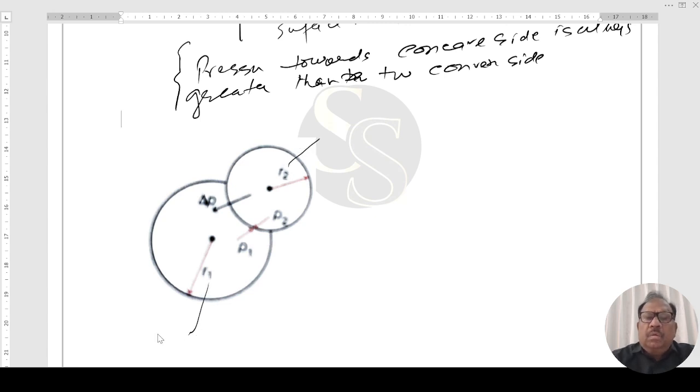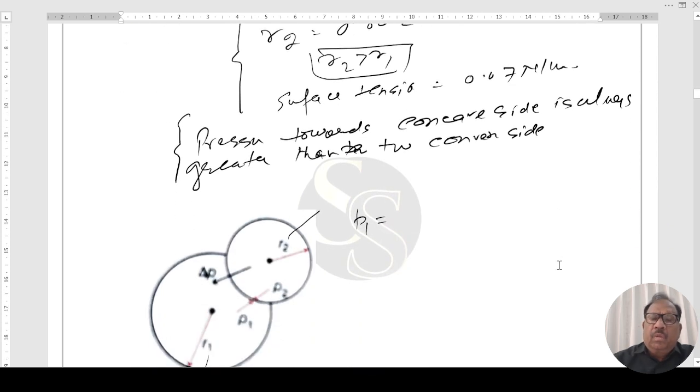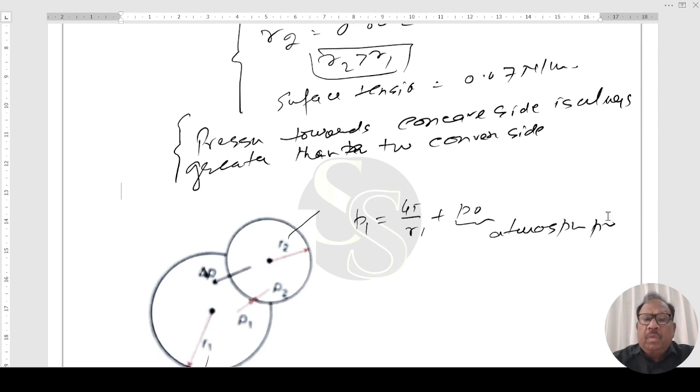So P1 will be equal to 4T by R1 plus P0, where P0 is atmospheric pressure, for a liquid bubble.